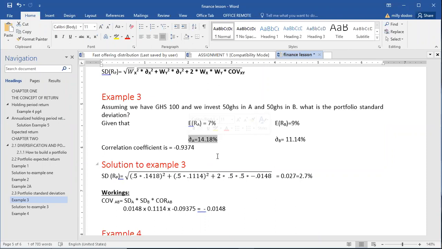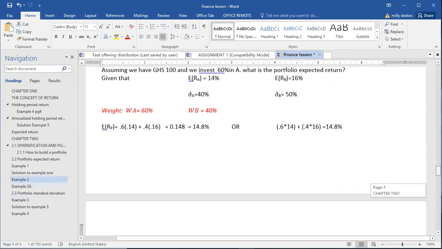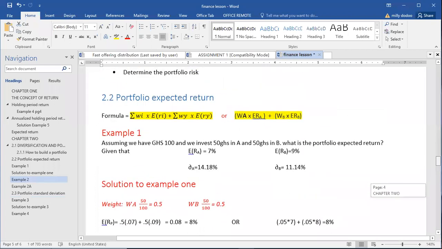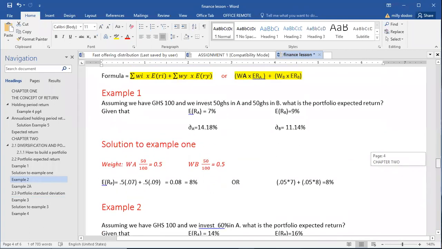The portfolio expected return of 8% was telling you that if you pump money into these two investments in the ratio 50-50, you are going to make 8% on that money. If you pump in 20 Ghana with 10 here and 10 here, given their respective returns, you are going to make 8% on the 20 Ghana. That is what this 8% is telling you.